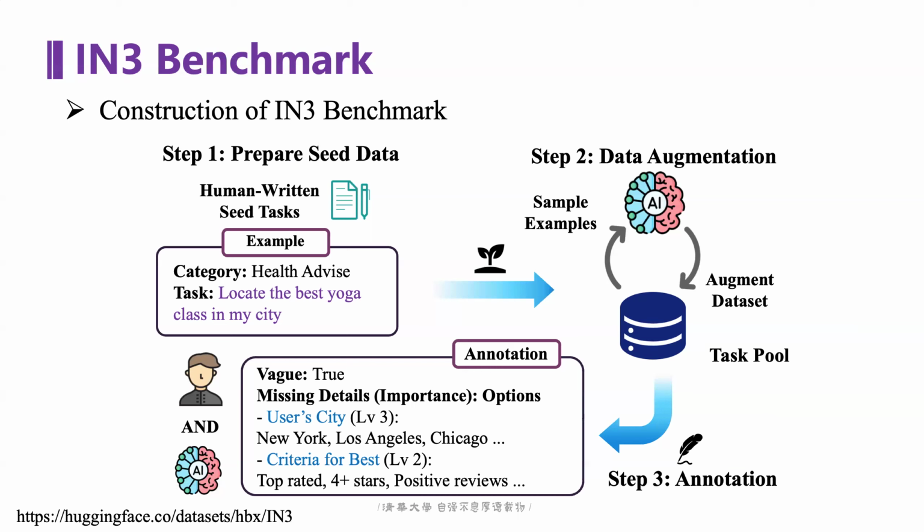So this kind of missing detail is what we call an indispensable missing detail. Without it, the agent definitely cannot carry out this task, so it is more important. However, for the best yoga class, the criteria for "best," without the user's preference data, the agent system can still carry out the task, even though the user may not be that satisfied.